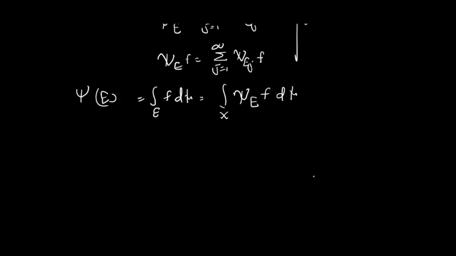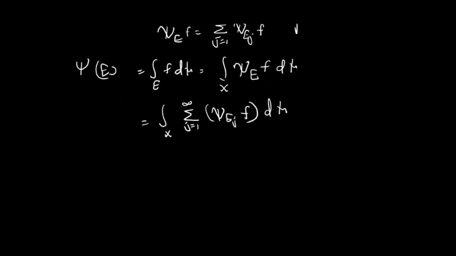We can write this chi E as the sum of chi Ej. So that is equal to the integral over X of the sum, j from 1 to infinity, of chi Ej times f d mu.